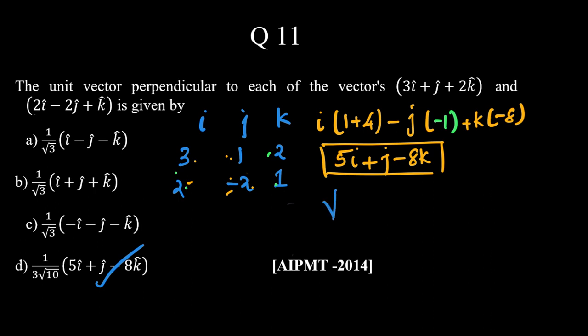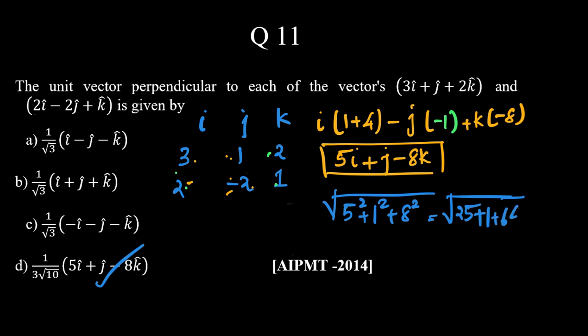The magnitude will be root of 5 square plus 1 square plus 8 square, which is root of 25 plus 1 plus 64, which is root 90, which is actually 3 root 10, right?